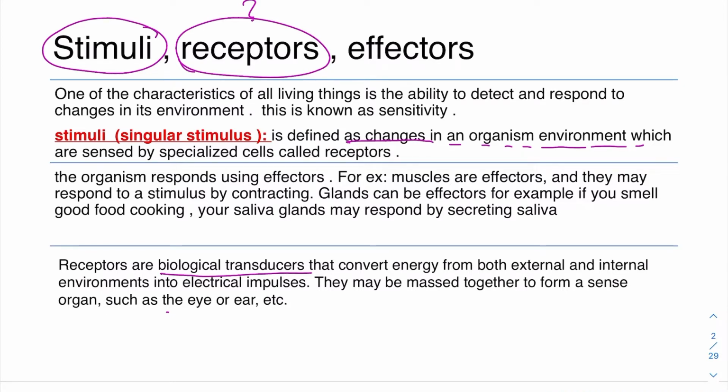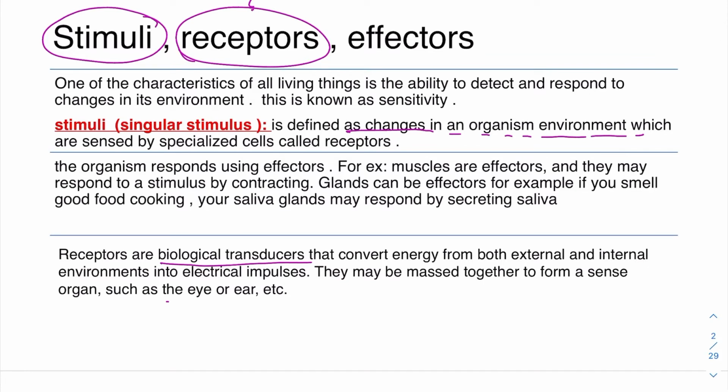For example, a microphone can convert sound to electrical signals or impulses. So these receptors in the human body also act like those transducers. So that's why they are called biological transducers.